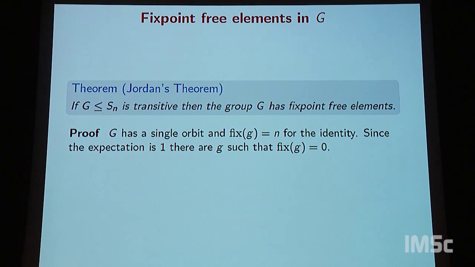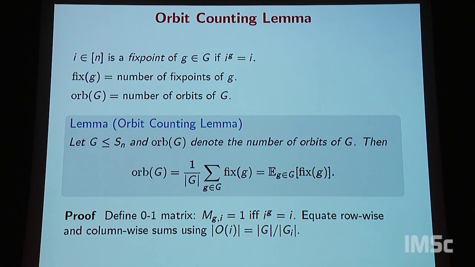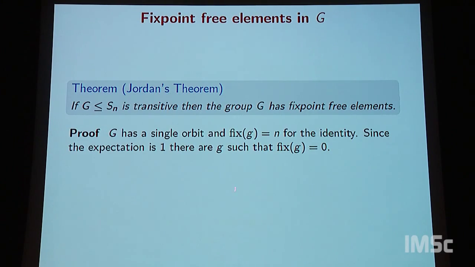We are going to simply use the orbit counting lemma to prove this. So G has a single orbit, so this is 1. And what is fix of the identity element? That's n.